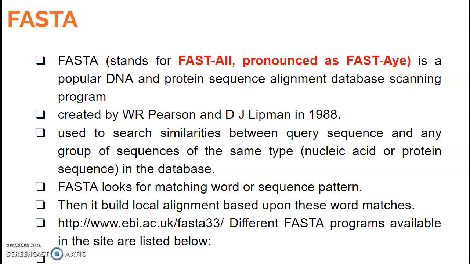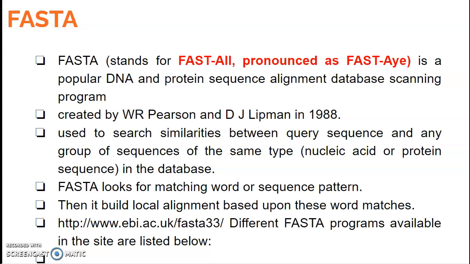So if I take a 12 base pair word, it compares that length, the best match is taken, and then the alignment is done. We'll be discussing it in the next video.